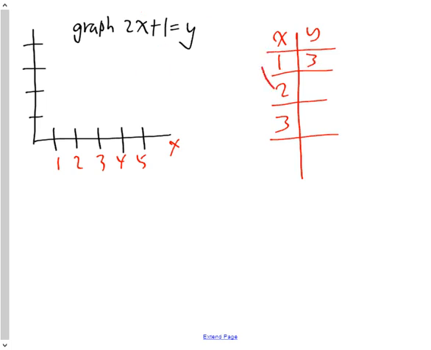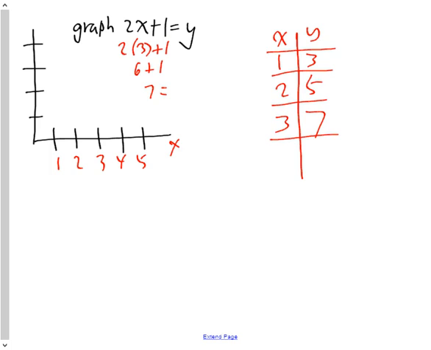When I substitute 2 into my equation, I get y equals 5. And when I substitute 3 into my equation, I get a y value of 7. Okay? So 3, 5, 7.